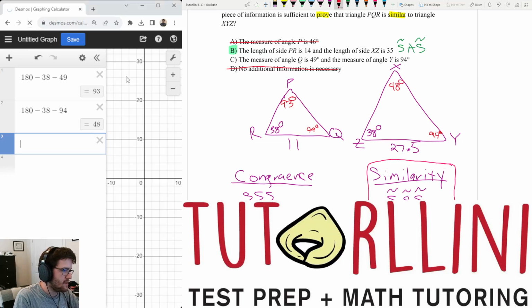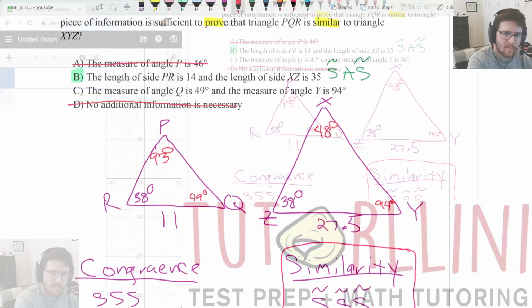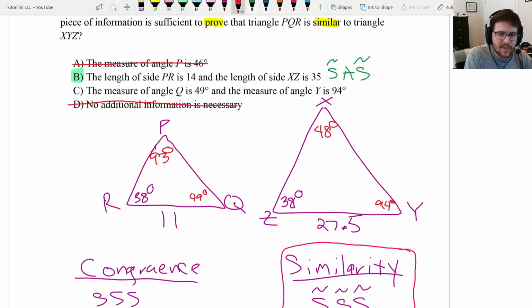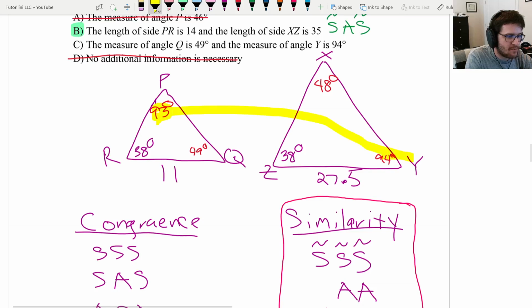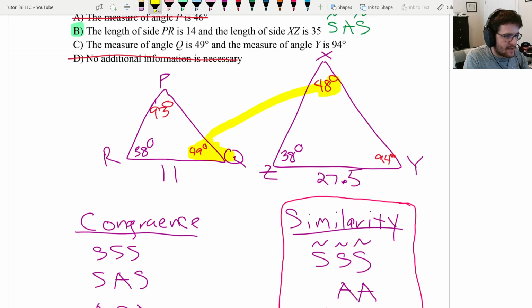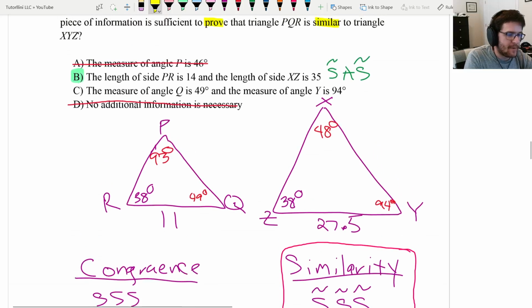Okay. Let's come back over here. It seems like it actually was kind of close. See, 93, if that was just one more different, that could have been AA. Do you see what I'm saying? So don't forget to check that third angle. Maybe there's something going on with that third angle. Anyway, we didn't get angle, and we don't have another pair of sides.